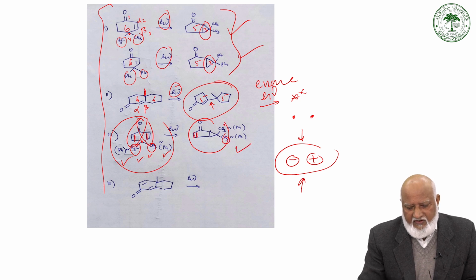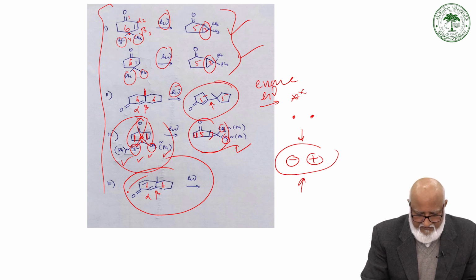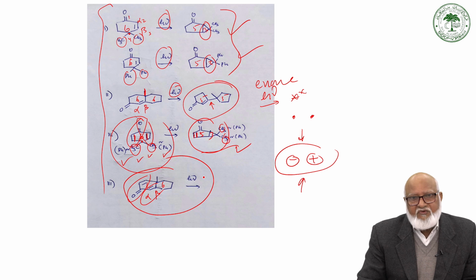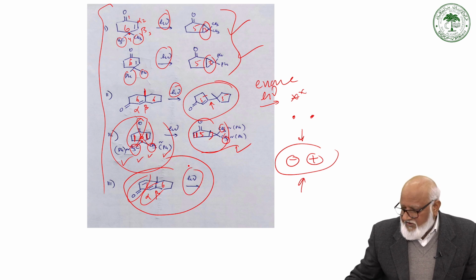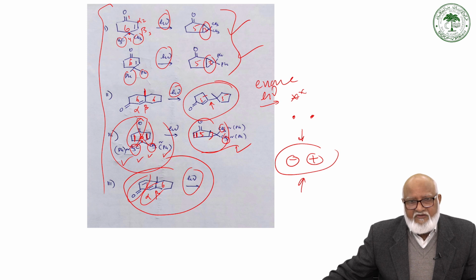So this also undergoes a similar rearrangement, converting a 6-membered ring to a 5 and 3 system, and this is also a very nice rearrangement: the cross-conjugated bicyclic 6,6 system with the alpha beta unsaturated ketone. This we are going to discuss now in this lecture, and this was a briefing of earlier lectures.